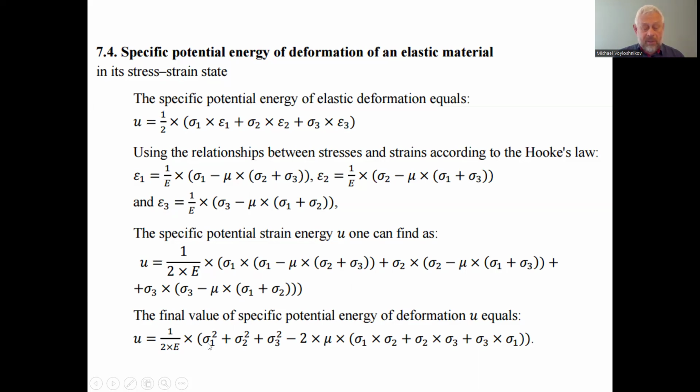In the brackets, we have the total of squared magnitudes of the main normal stresses minus 2 multiplied by mu, the Poisson ratio, multiplied by the brackets.